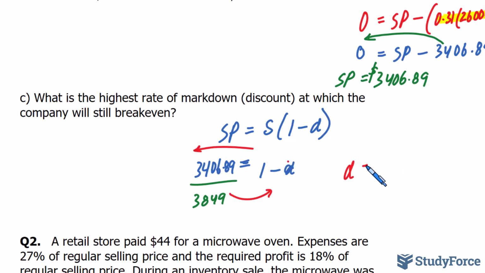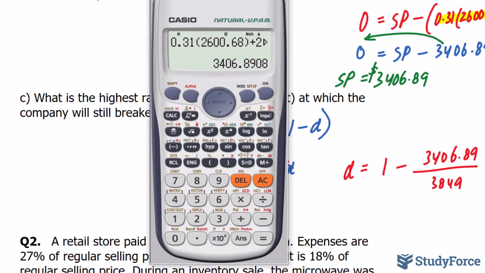So I end up getting D is equal to 1 take away 3406.89 over 3849. Okay, using your calculator, 1 take away 3406.89 divided by 3849. And that is the rate of discount.